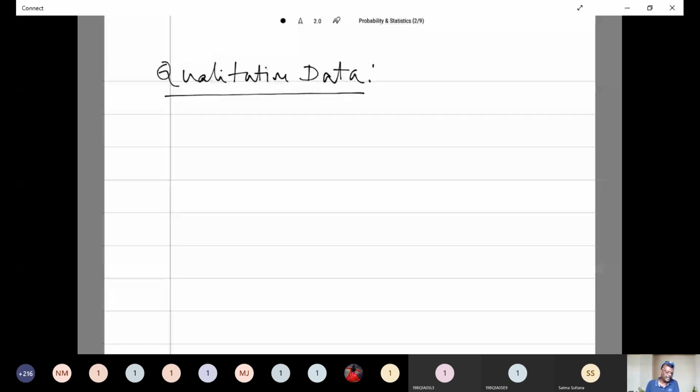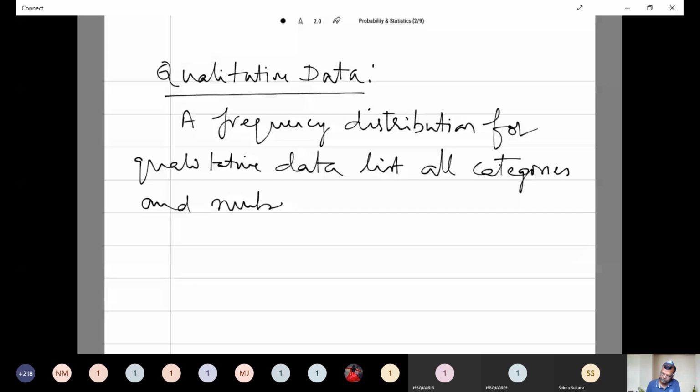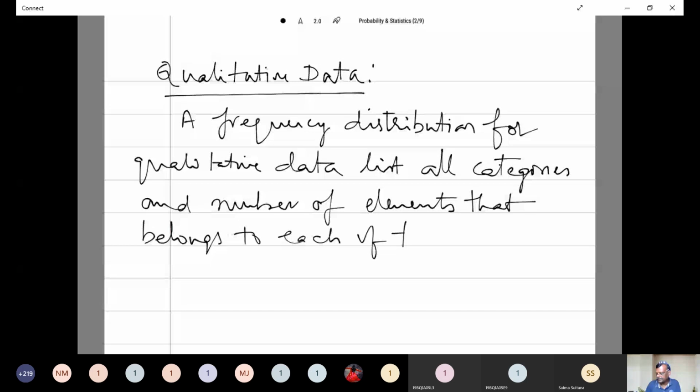Now first we have to define the frequencies. A frequency distribution for qualitative data lists all categories and the number of elements that belong to each of the categories.